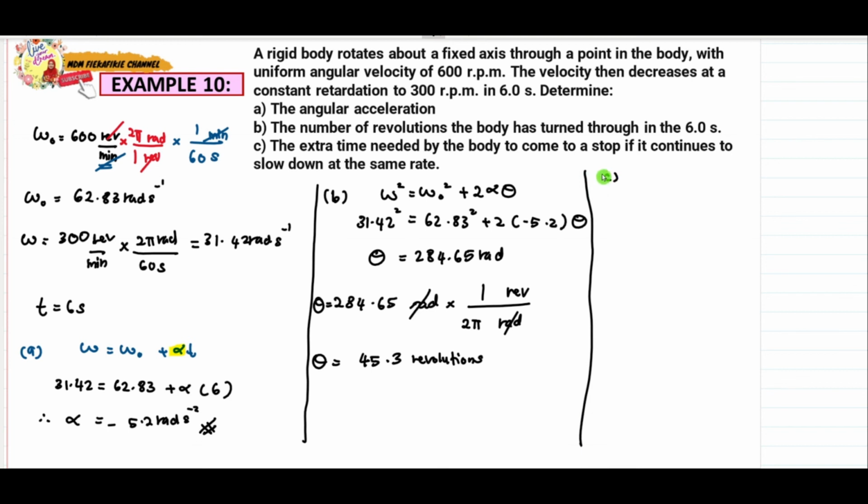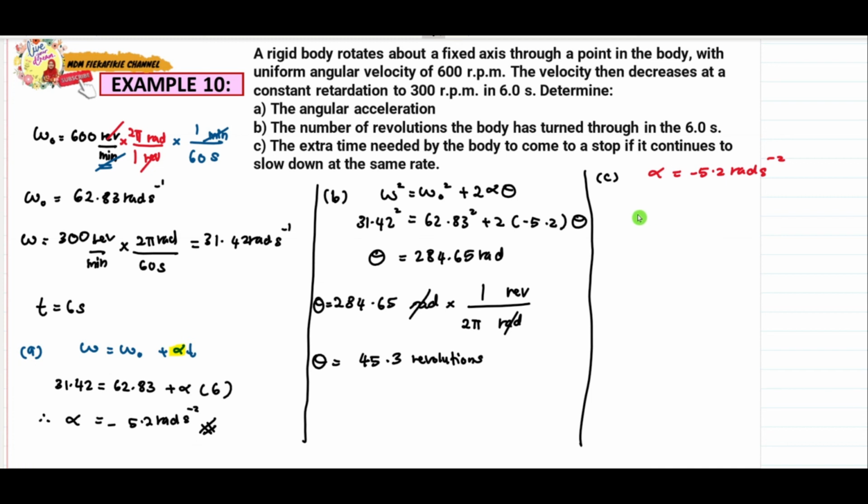Okay, C. The extra time needed by the body to come to a stop if it continues to slow down at the same rate. So, sama macam soalan washing machine tadi kan? So, alpha is equal to negative 5.2. Okay.